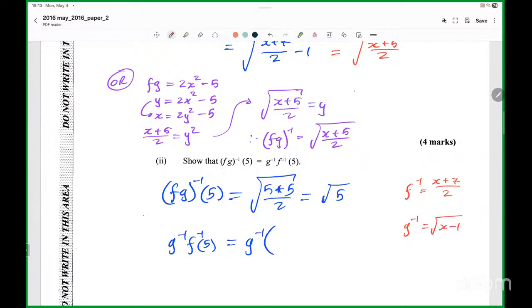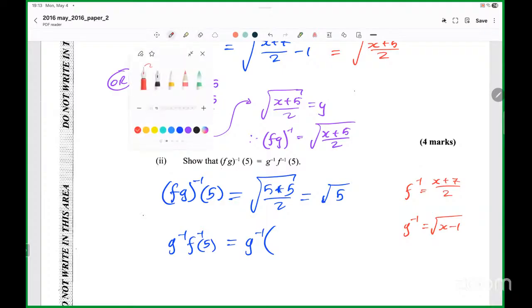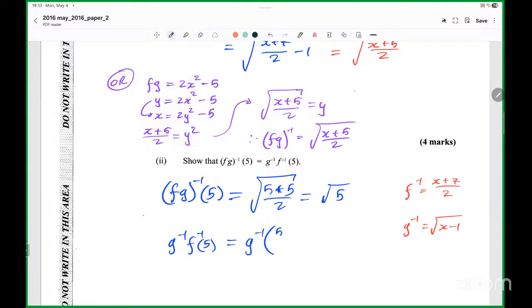So we're working out this part of it first with this. So it becomes 5 plus 7 over 2. Put it back in blue, Mr. Shaw. Becomes 5 plus 7 over 2. 5 and 7 are 12. 12 over 2 is 6.